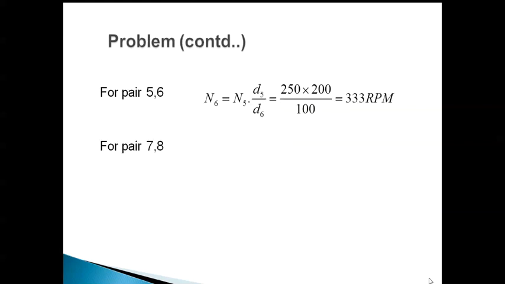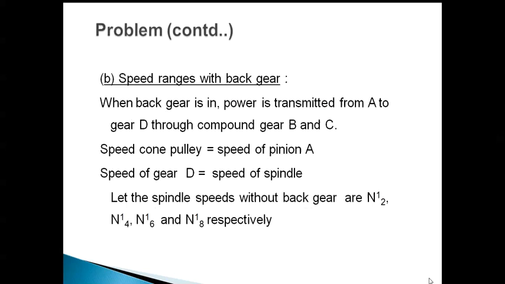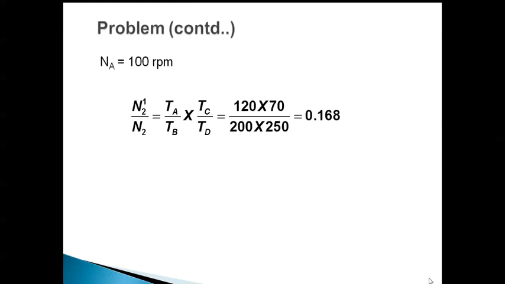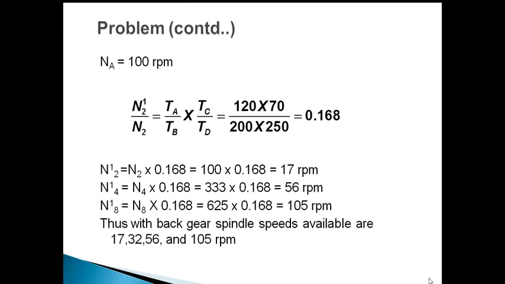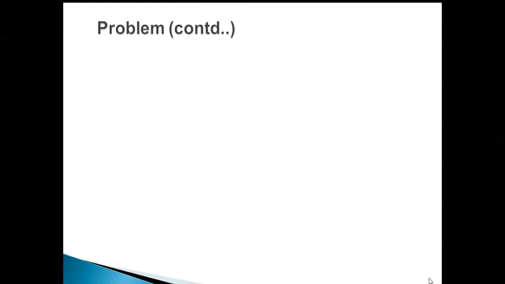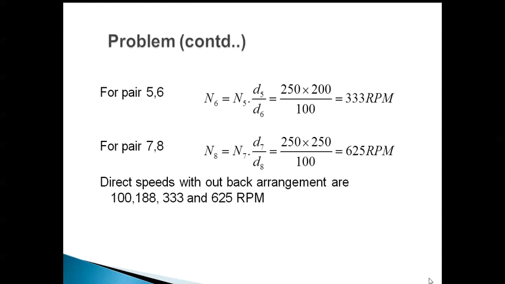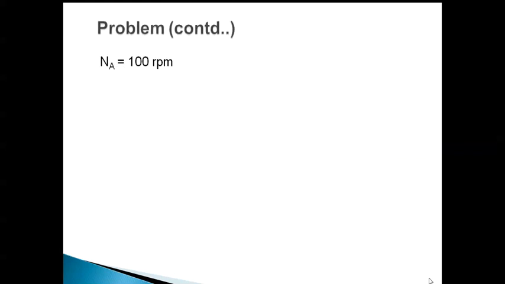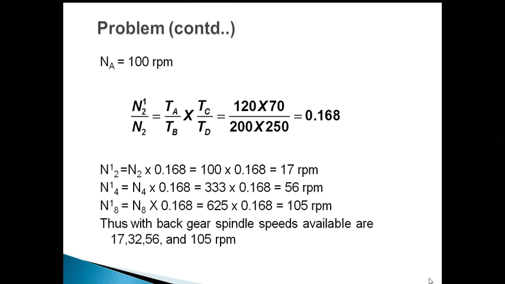For the fifth and sixth pair, direct speed is 333, but we got the reduced speed of 56 by engaging the back gear. And for the last pair, 7 and 8, the direct speed is 625 without back gear, and with back gear we got the speed reduction of 105 rpm. So more speed reduction is possible when the back gear is arranged.